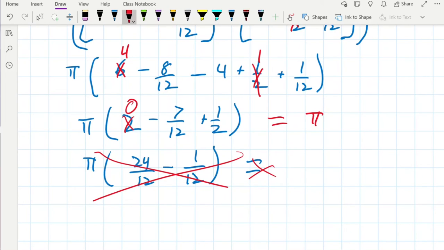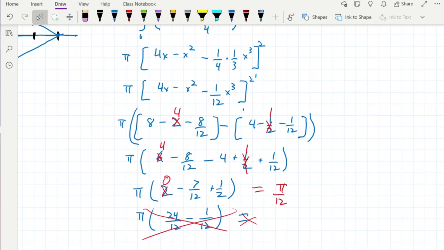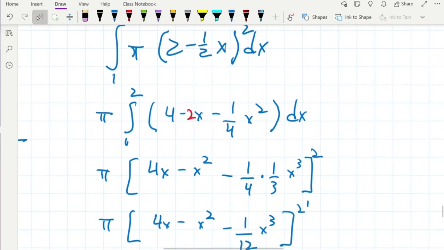So pi over 12? Did I fix that correctly, or should I just redo it? And I just realized, did I do this correctly? Yeah, no, 1/2. No, that's fine.